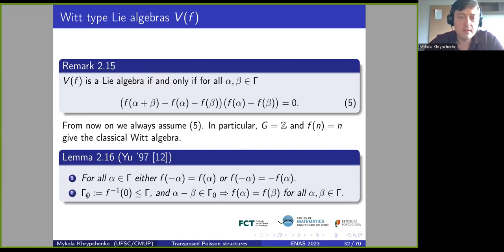What is important for us is that those elements which are mapped to 0 form a subgroup of gamma, not necessarily a normal subgroup, but, sorry, normal because it's an abelian group. But as you can see, this map does not necessarily factor through an epimorphism.